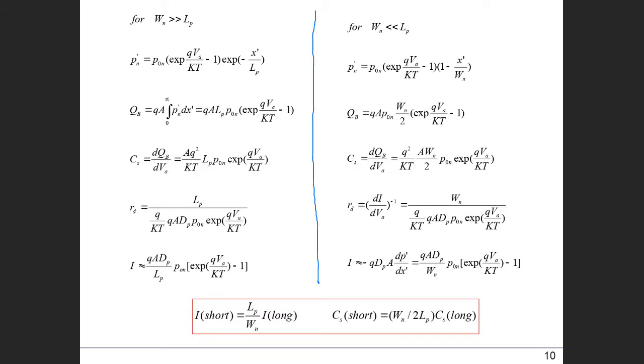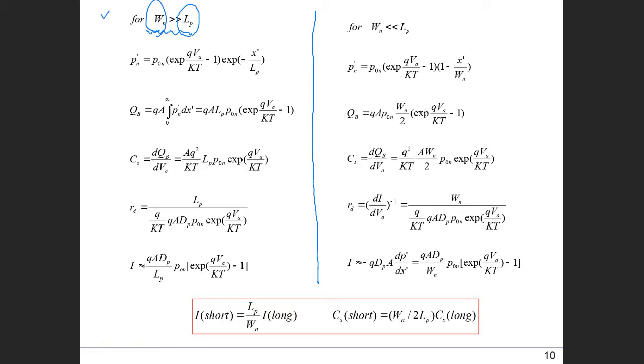One is when WN is much larger than LP, which means that the electrical contact on the lower doped N side is much farther than the diffusion length. That's this case.